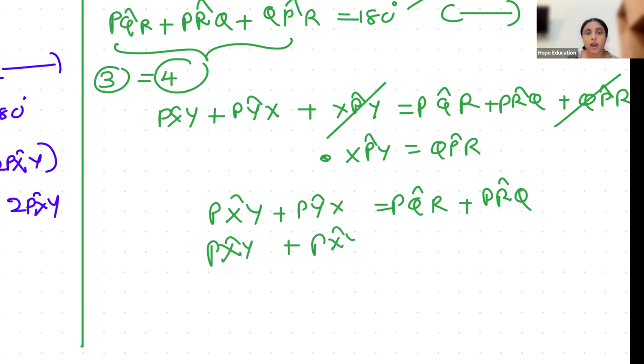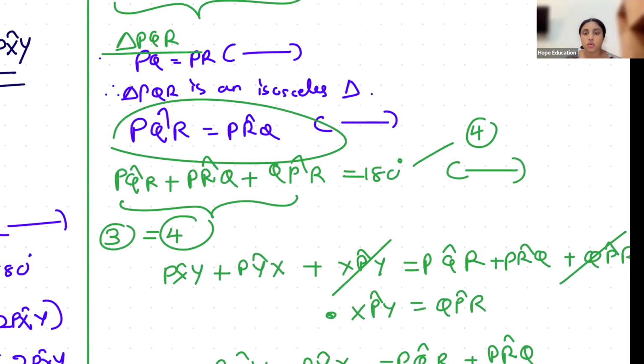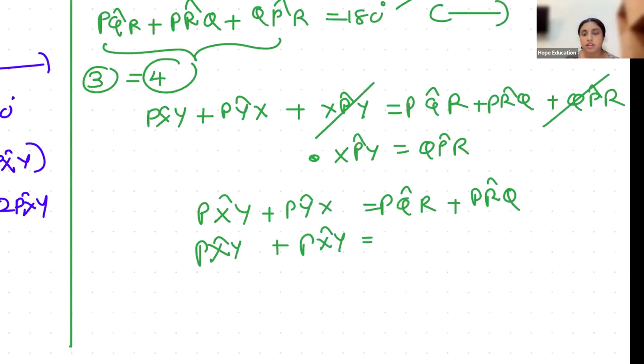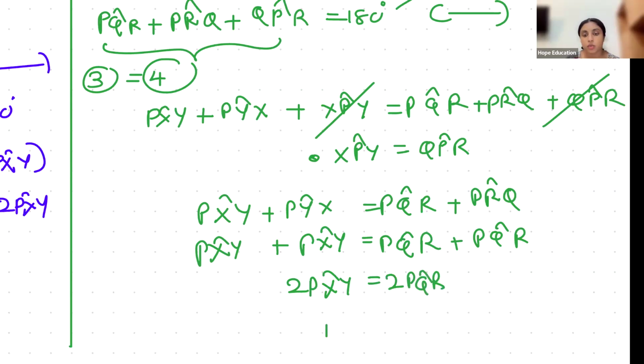Here also PQR and PRQ are equal. So instead of PRQ, I want to write PQR. So 2PXY equals 2PQR. Therefore, PXY equals PQR.